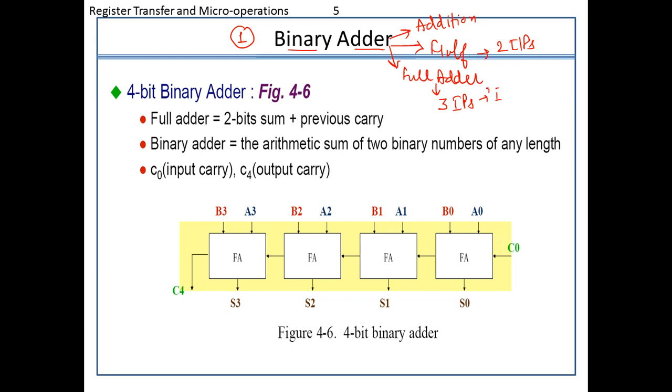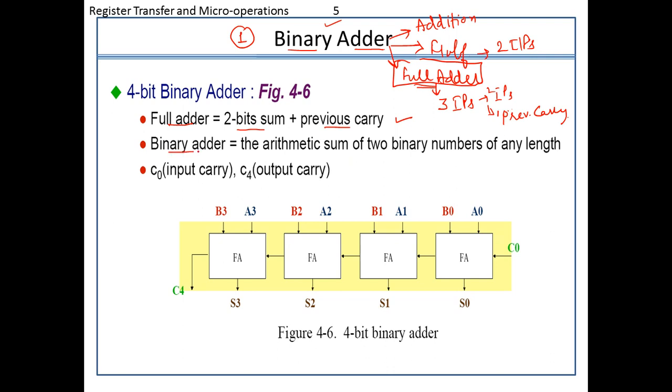Two inputs are the actual bits, and one is the previous carry that we consider in the case of full adders. So, mostly we will work with full adders only in the case of binary adder. In a full adder, I need the two bits plus a previous carry. I have already discussed this point with you.